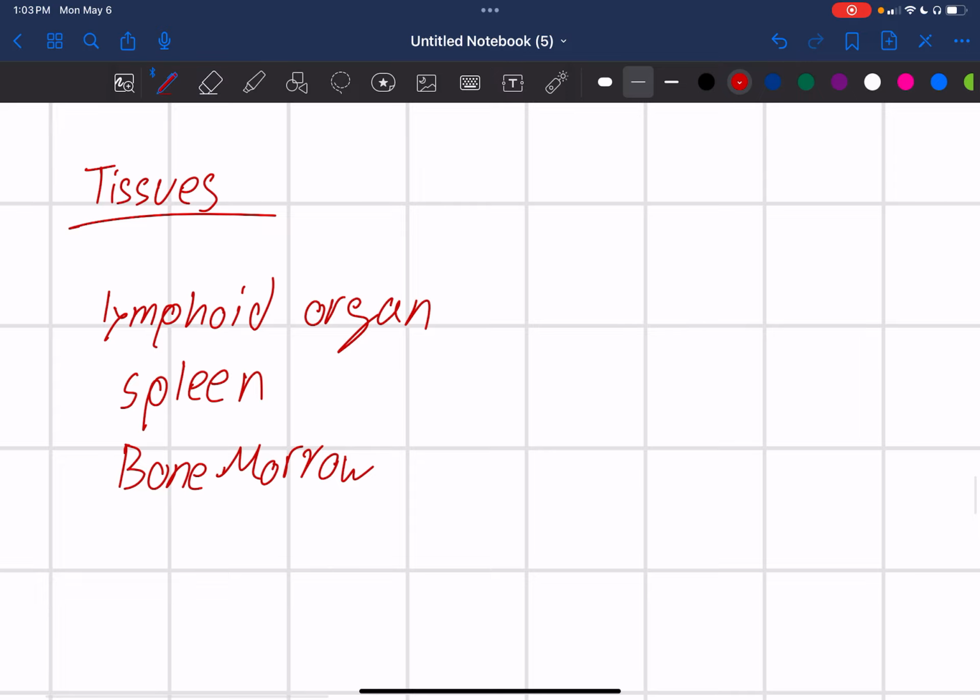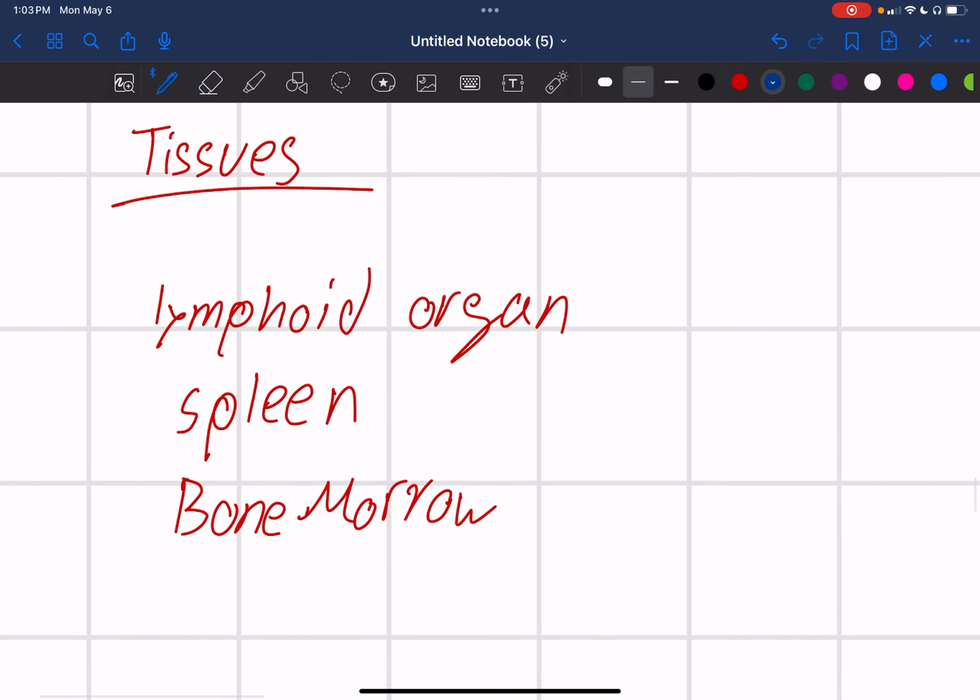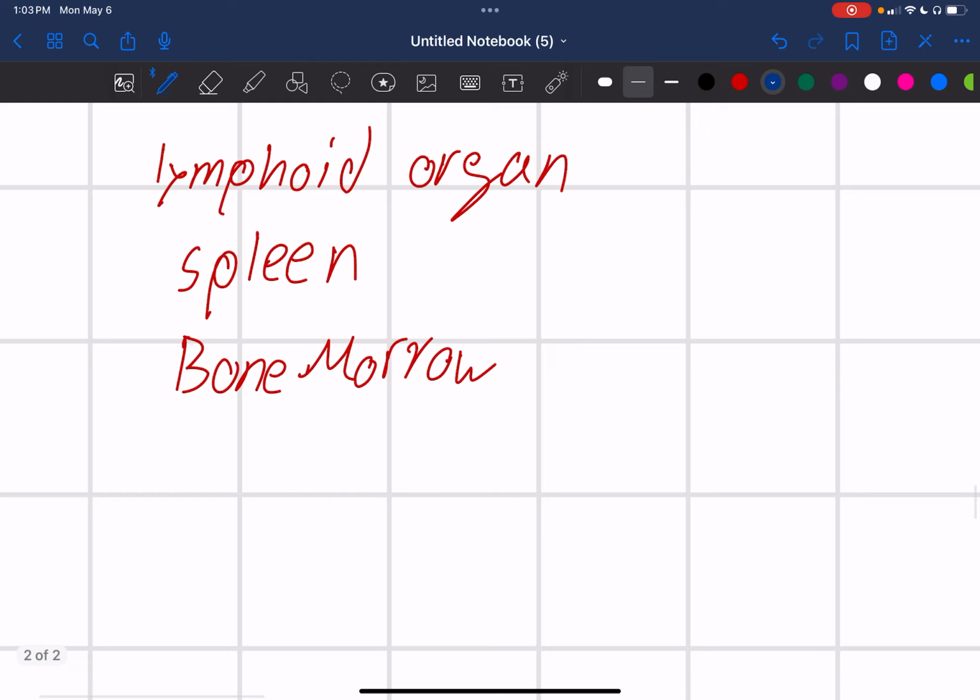However, the main ones for our immune system are, hold on, I also missed another important one, the thymus. So the two main important ones are your bone marrow and your thymus.